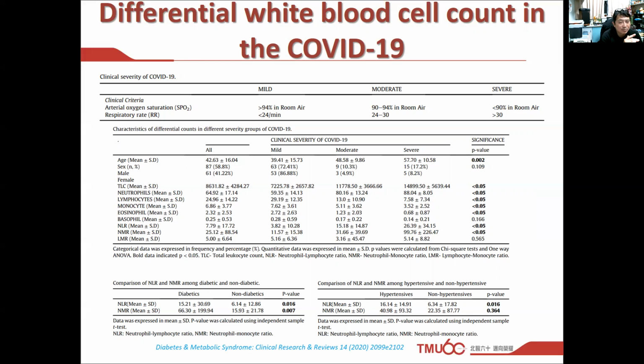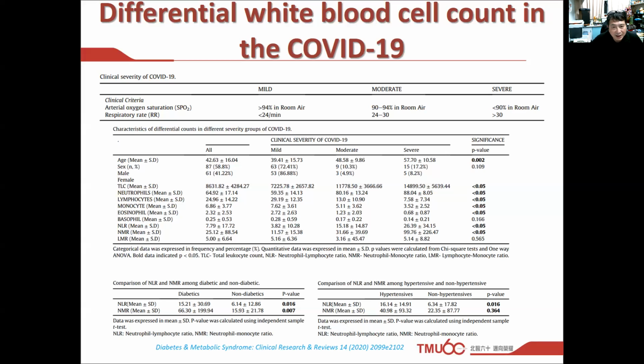Another one is the respiratory rate. If the rate is less than 24 per minute, we call it mild. With an increase in breathing frequency between 24 and 30, we call it moderate, and more than 30, we call it severe. Now we'd like to look at the data. Let's see the age here. It tells you very important parameters.